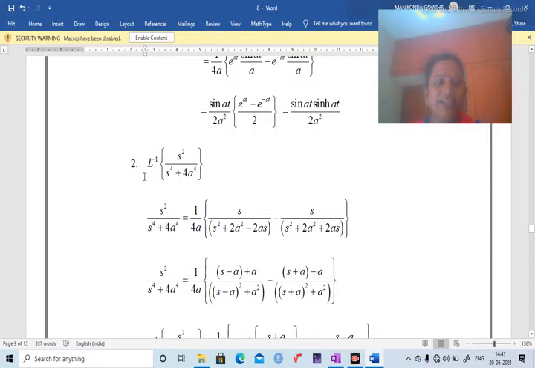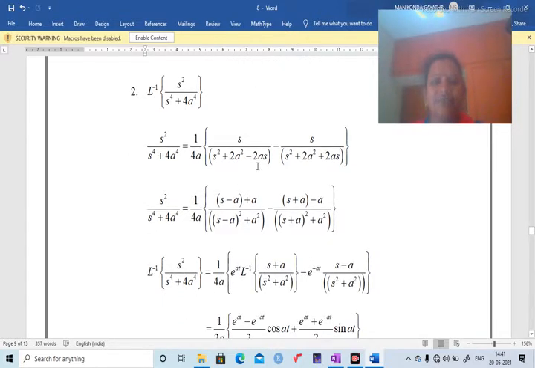So L inverse of s² by s⁴ + 4a⁴. This is also the same as before, the previous problem. That's why s by the same thing. Here 1 by 4a. Here I am writing s as (s minus a) plus a. Here also I am writing s as (s plus a) minus a.